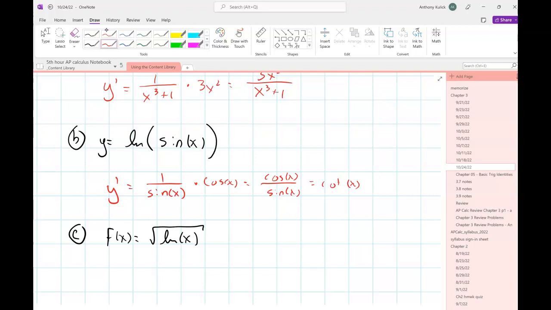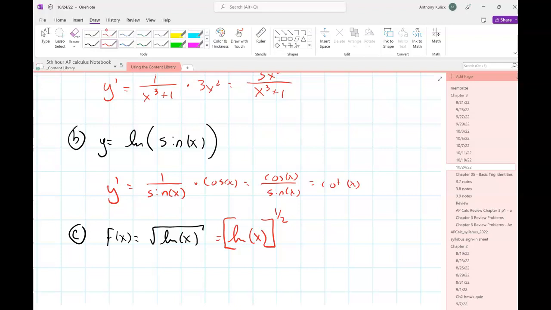What do we notice here? It's another chain rule, but what's the outer this time? The square root function, right? Now, when we think about this, it probably makes more sense to think about it this way.